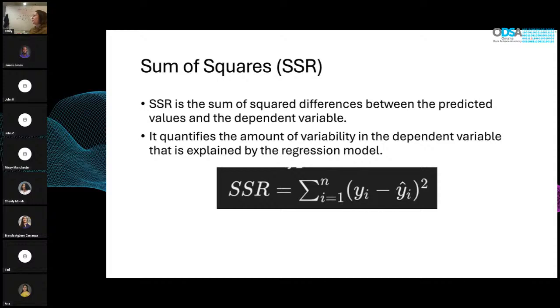Maybe. I don't want to say no, because there definitely could be a metric that uses that. But if it's 1 over n times SSR, then it's just going to be the mean squared error. Yep. Perhaps I haven't seen that.